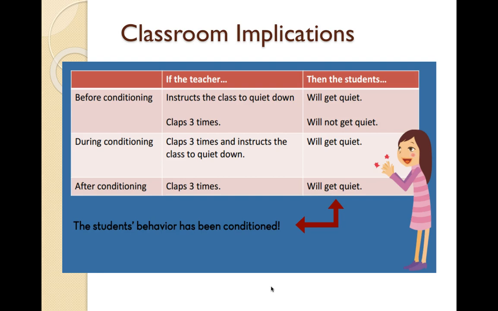If you clap 3 times randomly before you even tell them what you're doing, they probably will not get quiet unless they've had this same expectation in another class. If you need to condition them for this behavior, you would clap 3 times and tell the class to quiet down, and then they will get quiet. Repeating that over and over again, they would eventually be conditioned to where you clap 3 times and then they would be quiet. So students' behavior has been conditioned.